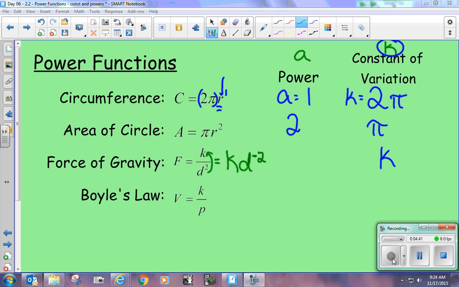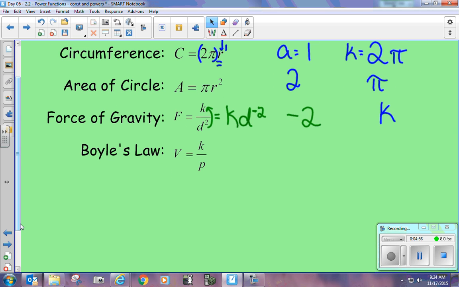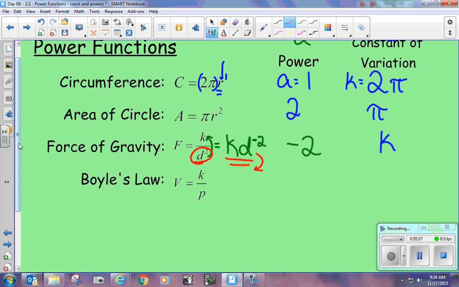So my power in this case is -2. All right? Remember those rules of exponents. If I have a negative exponent, I have to flip it. It was like this first, but then we flipped this down to bring it here. But if we want to figure out what the power is for the power function, we need to bring that back up.